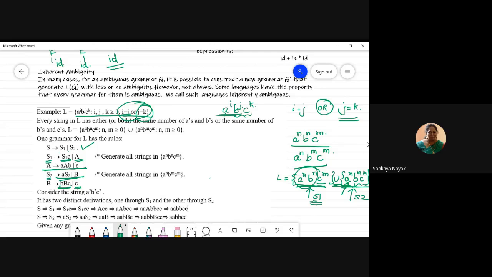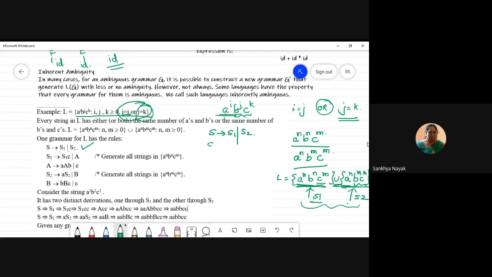I hope this is clear, otherwise I'll repeat once more. So your language S is either S1 or S2.